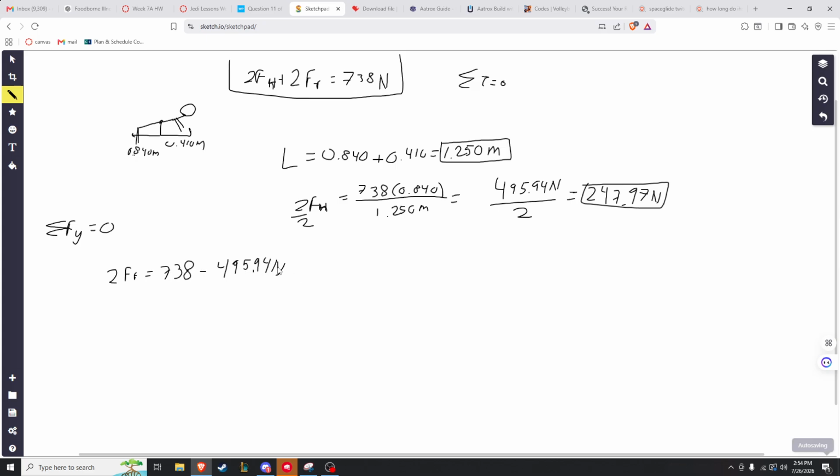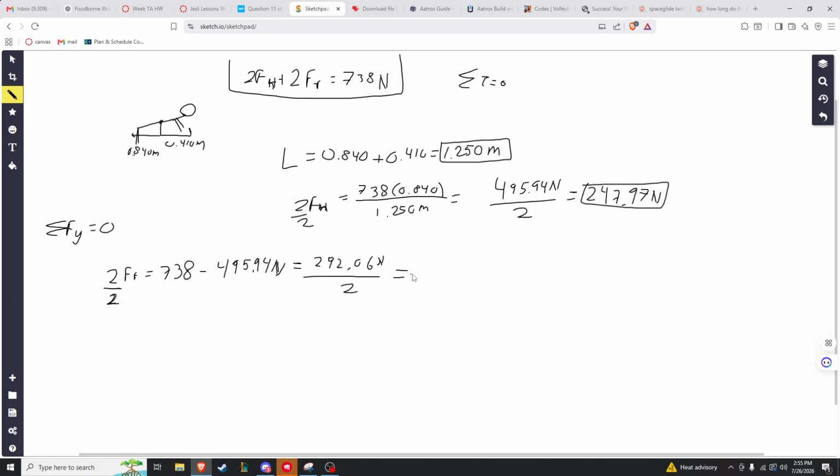That gives 242.06 newtons. Since this has a 2 in front of it, we want to divide the final answer by 2.